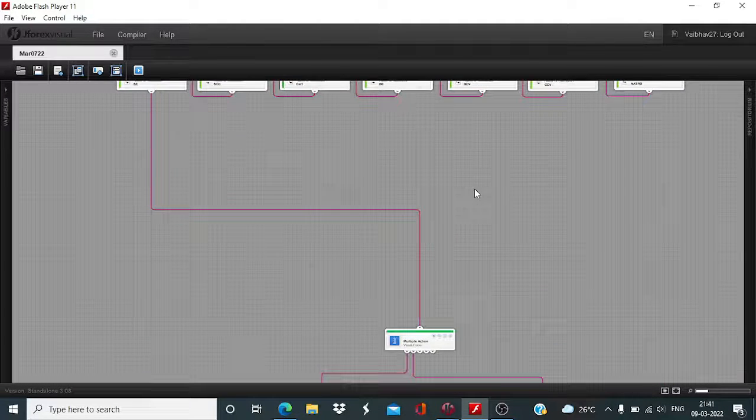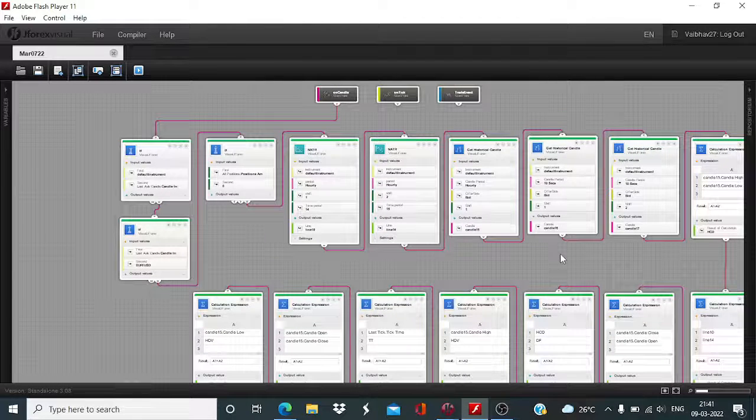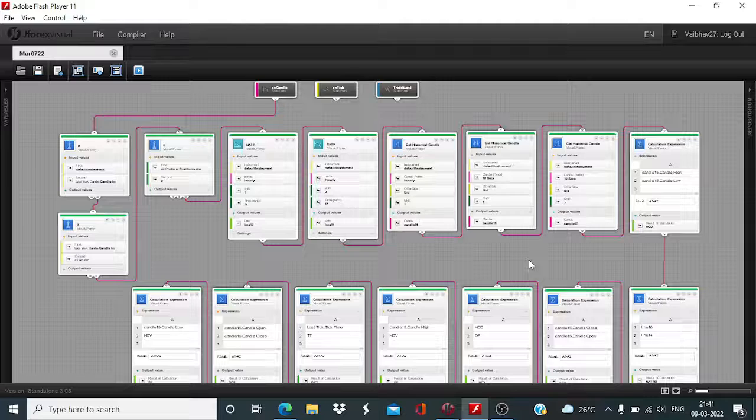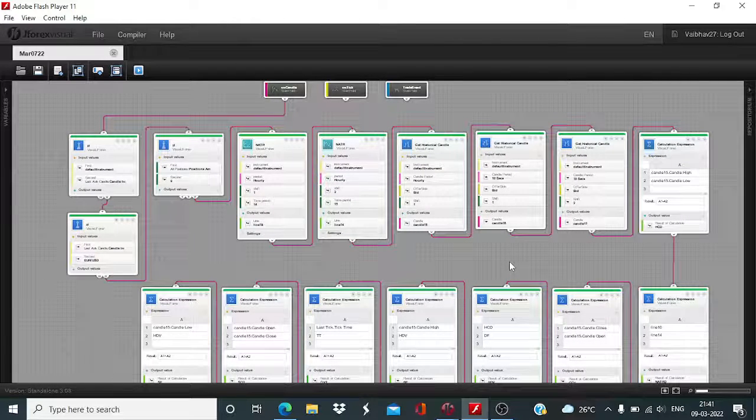That means our algorithm is ready and we can test it to see if it is efficient or not. All you have to do is export the file and then import the same file to the JForex platform in the Java, and there you can carry out the testing on the historical data for any duration of time.